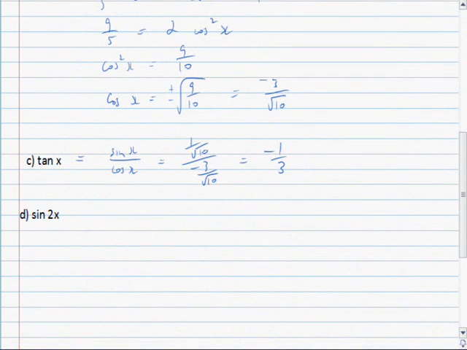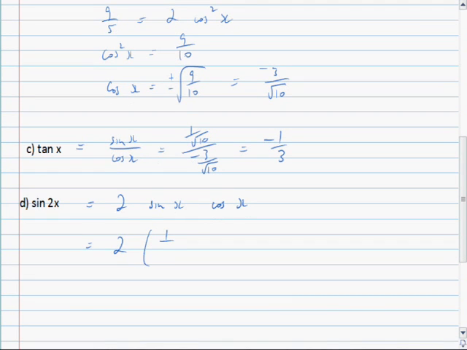Okay, lastly, to finish it off, sine 2x equals 2 sine x cos x, so that's 2 times 1 over root 10 — I'm saying 10th, but it's not, it's root 10, isn't it? — and 3 over root 10, so that is minus 6 over 10, or minus 3/5.